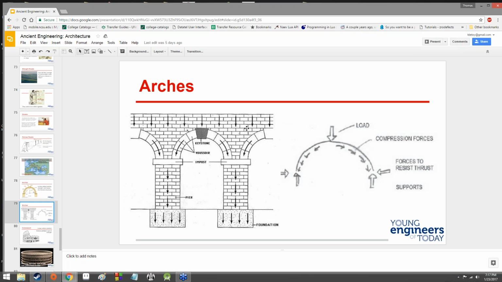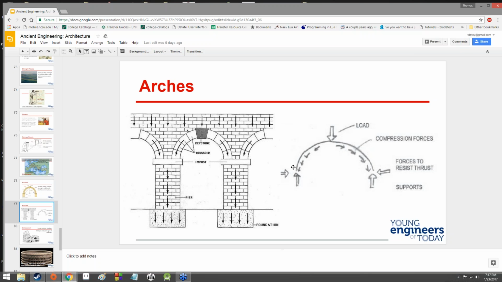So any sort of archway, bridge, any sort of round tunnel, you've got the Romans to thank for that because they were essentially the creators of the original arch design, which is pretty interesting.